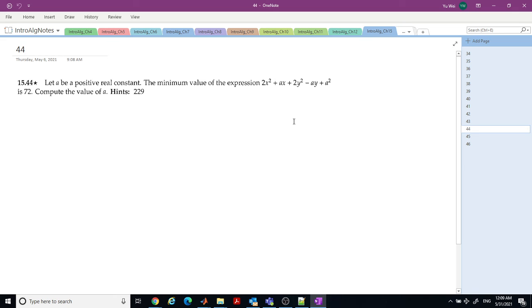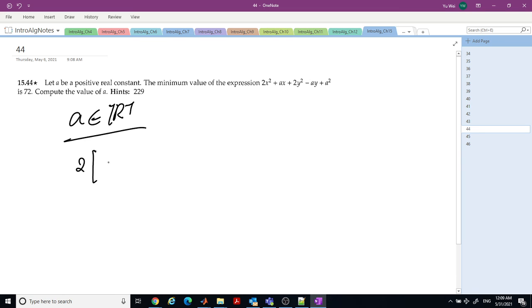Next, let a be a positive real constant. So a belongs to the positive reals, and the minimum value of this expression is 72. Okay, so let's find the minimum value of this expression.